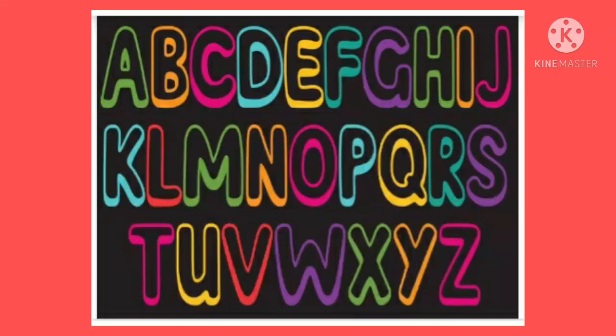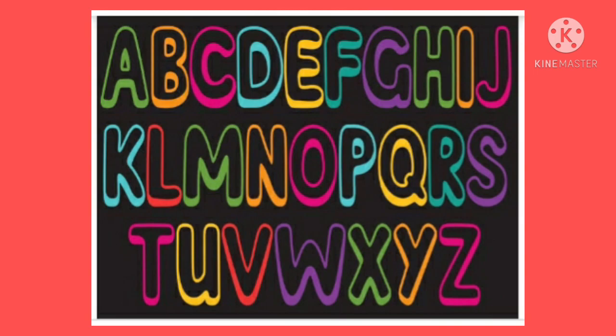As you know, the smallest part of English as a language is an alphabet, or you can even call it a letter. How many alphabets are there in English? You have A to Z, 26 letters, 26 alphabets.